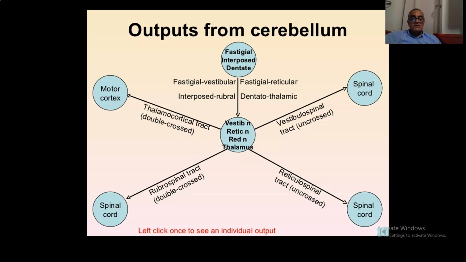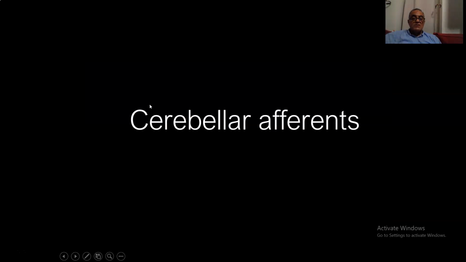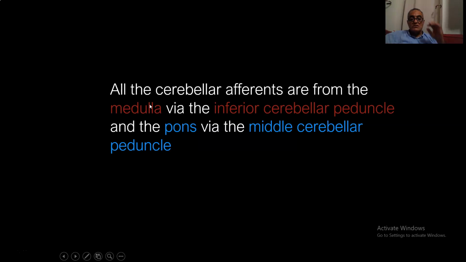So these are important connections so that through these nuclei the cerebellum can control the motor function of the body. But if you have to say one efferent from the cerebellum, it is the efferent from the dentate nucleus to the red nucleus, from the red nucleus to the thalamus, and from the thalamus to the motor cortex, as you will see now. The cerebellar afferents will start.